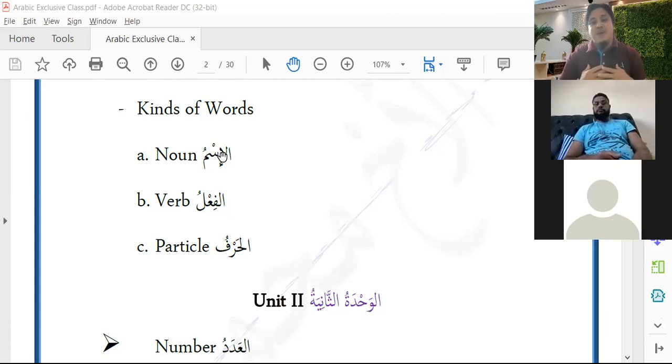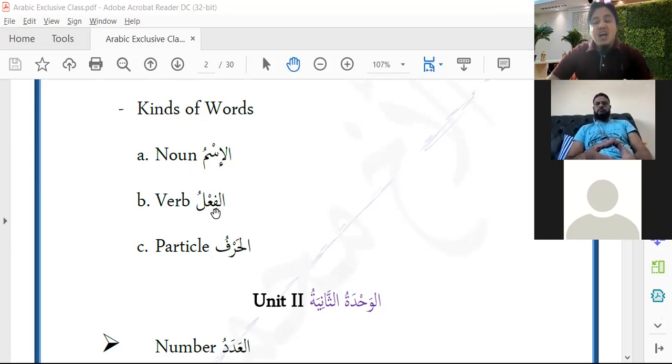For example, if I ask you, what is your name? Ma ismuk. So ism is the same word that we are using in Arabic grammar. We say al-ism is a noun, but linguistically in Arabic, we translate it as a name, to make it very clear.